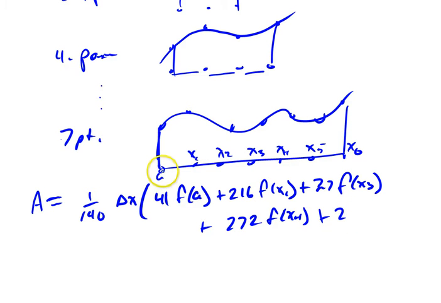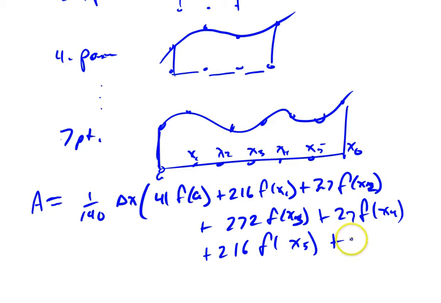I didn't take enough points here. 1, 2, 3, 4, 5, 6, 7. We got 41, 216, 27, 272, 27. Actually, because I can't count, this is f of x1, this is an x2, this is an x3, this is f of x4, and then plus 216 times f of x5 plus 41 times f of x6.